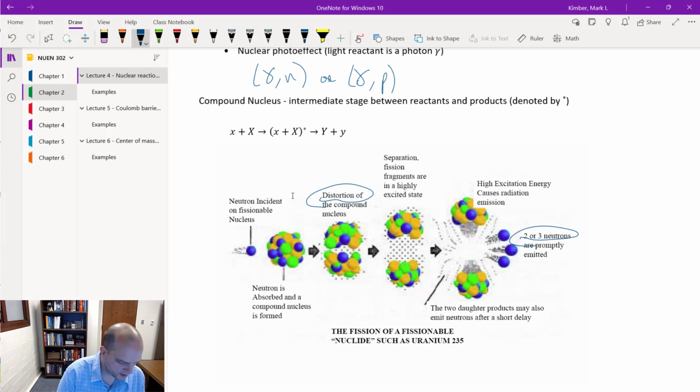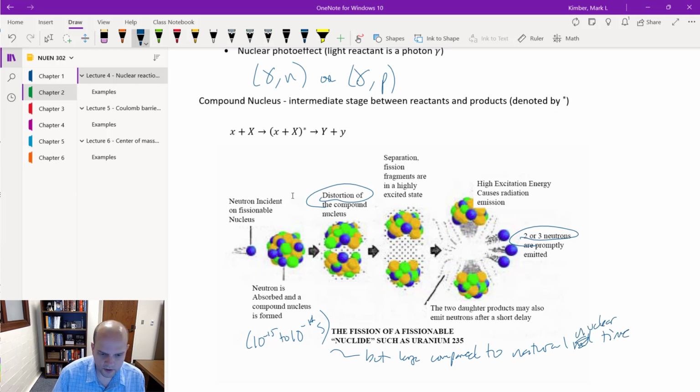This compound nucleus is on the order of 10 to the minus 15 to 10 to the minus 14 seconds, which seems really small, but it's actually large compared to what we'll call the natural nuclear time. The natural nuclear time is going to be more like 10 to the minus 21 to 10 to the minus 17 seconds.